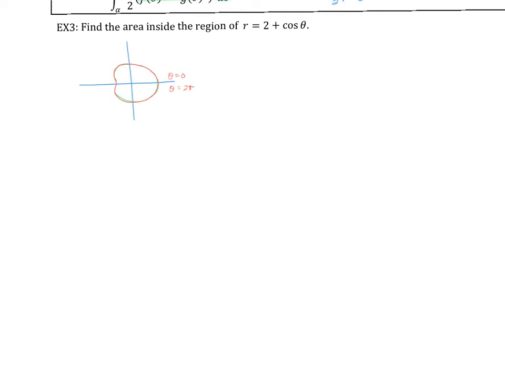Notice that there's this symmetry here, and you can often do this with polar graphs. You don't have to compute the whole integral from 0 to 2 pi. You can just go from 0 to pi, and because of this really nice symmetry, multiply that area by 2, which is what I'm going to do.